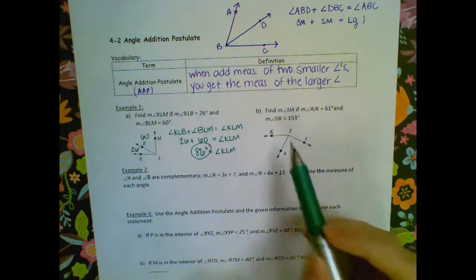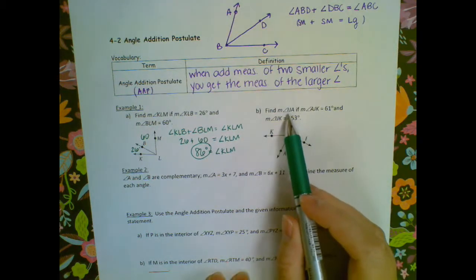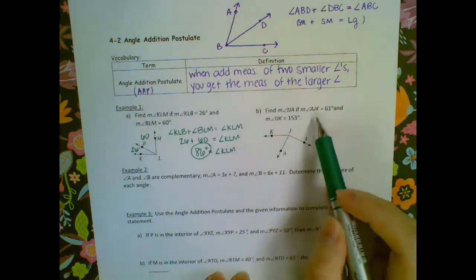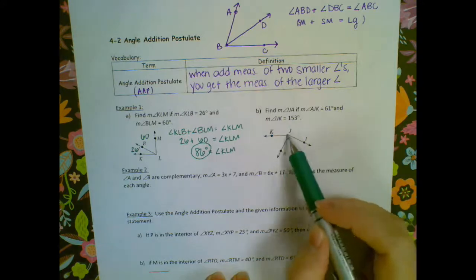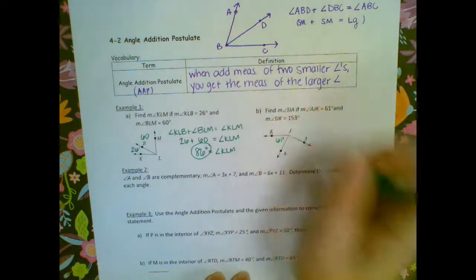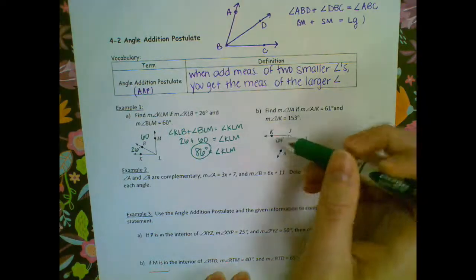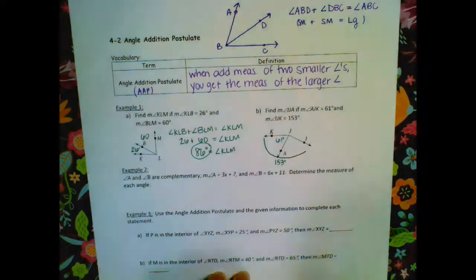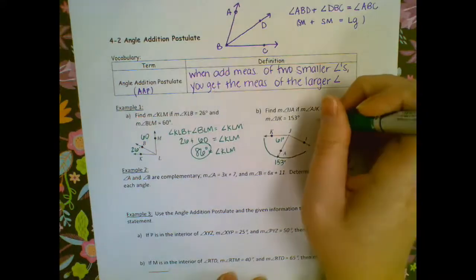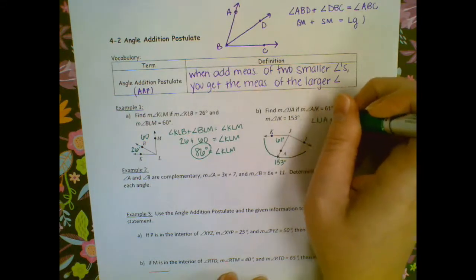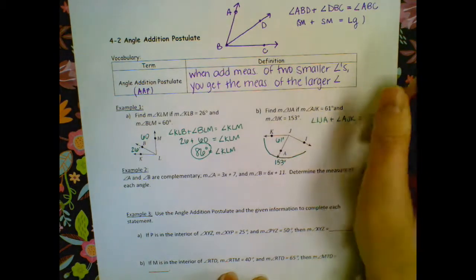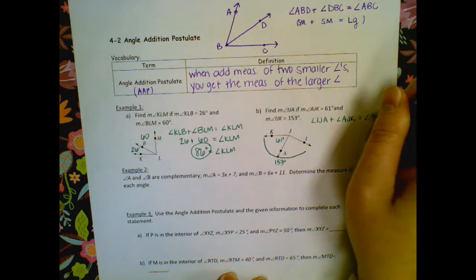On the right here, the measure of IJA is what we're going to try to find. IJA is this angle on the right. If AJK is 61 degrees, and we know that IJK, which is the whole big angle here, is 153. Again, if you think of the angle addition postulate, the two parts, angle IJA plus angle AJK should equal the whole big guy, IJK.